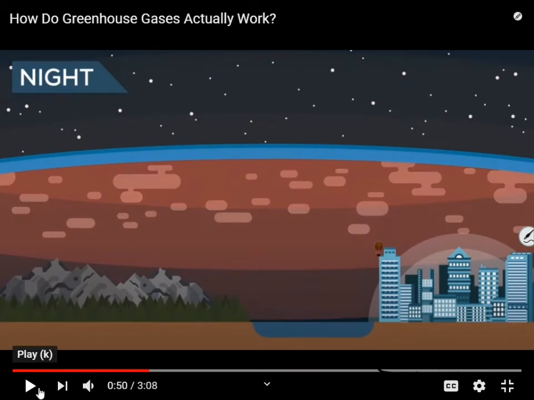Okay, I've paused here so we can go over the first two questions. What prevents the Earth from being as cold and as hot as the Moon is our atmosphere. The atmosphere prevents us from having extreme temperatures and extreme temperature fluctuations from day to night. So on number one, your answer is atmosphere.